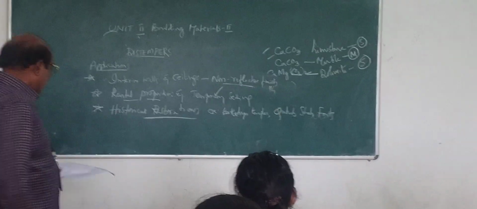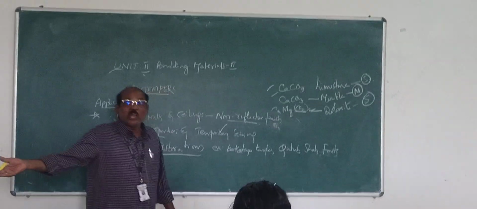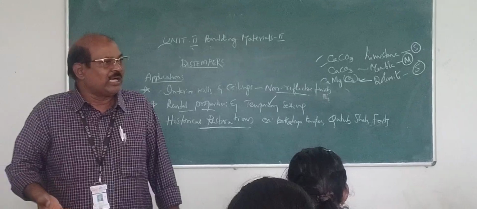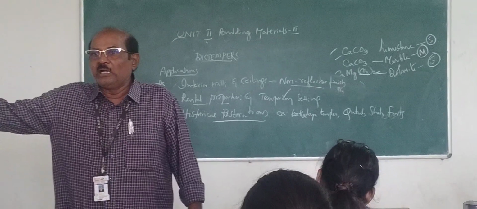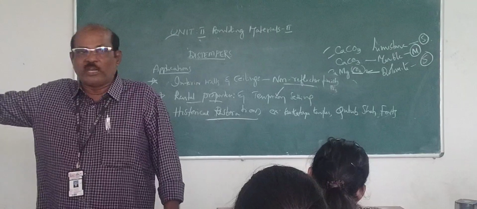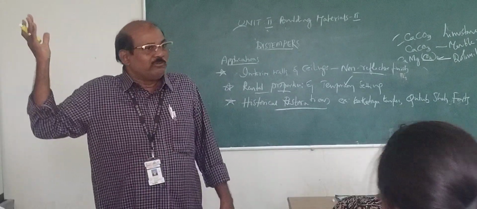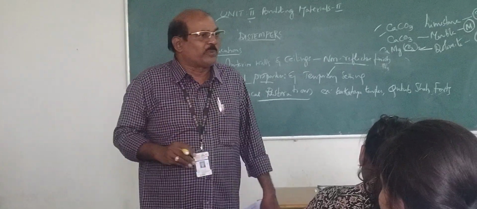So Qutub Shahi, and still now we can see the Nizam era. The Nizams ruled Telangana for more than 100 years. For example, Chowmahalla Palace, a beautiful place. One can visit, one can enjoy. The entrance ticket is only 25 rupees.